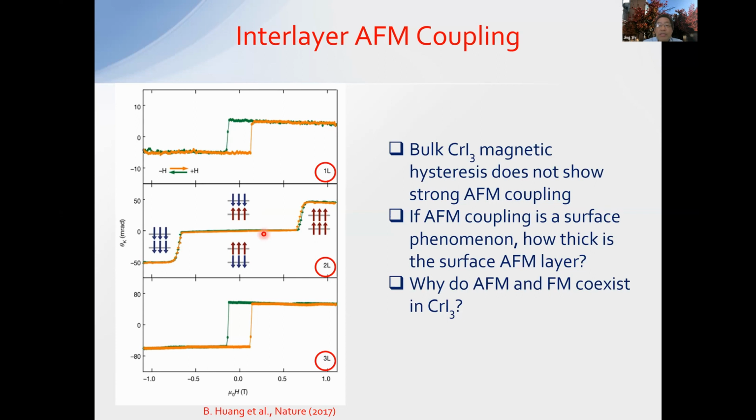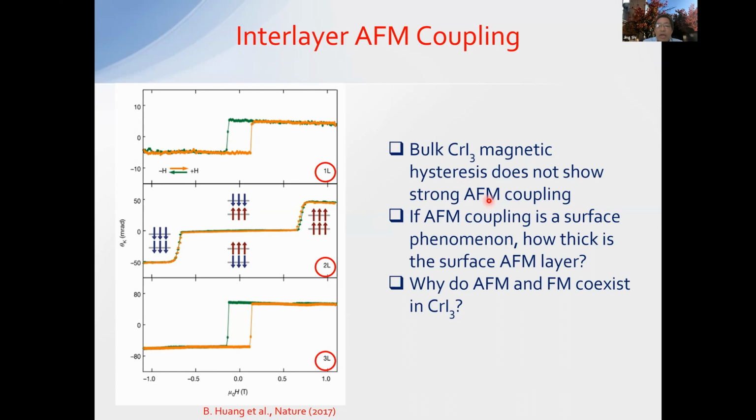But if you compare to the bulk hysteresis behavior, chromium triiodide does not have the same antiferromagnetic type of loop like this, right? So that indicates some coexistence between the ferromagnetic and antiferromagnetic phases.